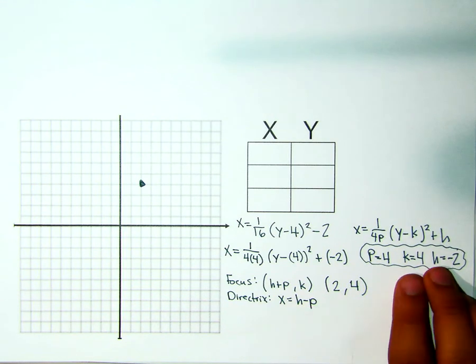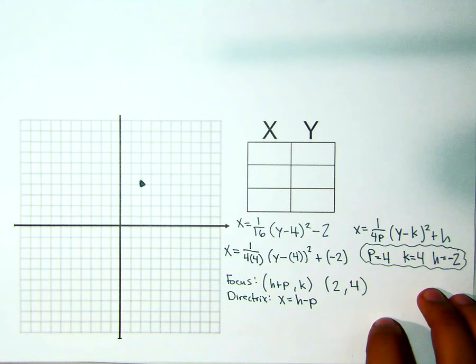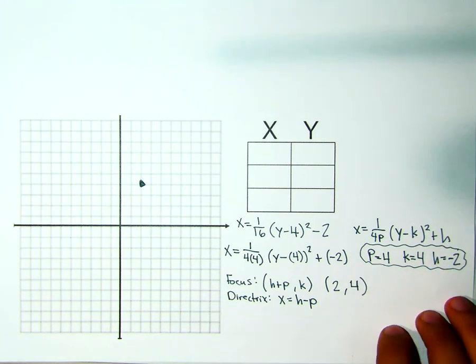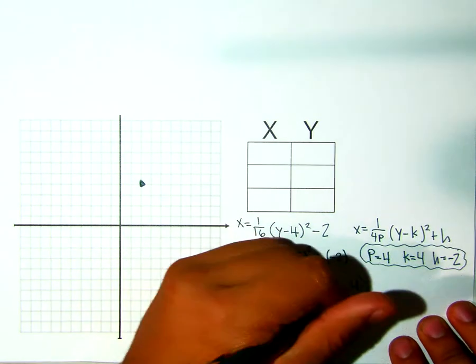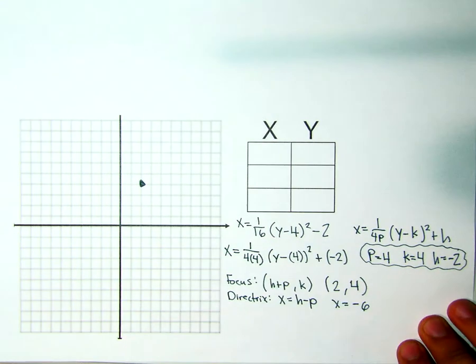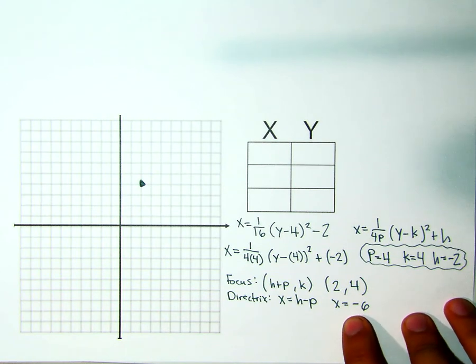What is negative 2 minus 4? Negative 6. So here we'll have x equals negative 6. So how do we graph this line? What is it going to look like?